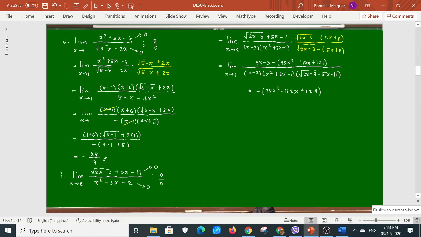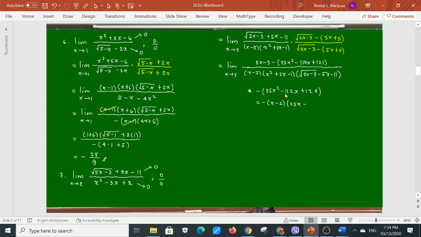Factor nyo. Sinong magbibigay sa akin ng factor? Could you please help me? Anong factor niyan? Of course, ang isang factor niyan, alam na natin na x minus 2. Anong other factor? Di 25x minus, kasi kailangan natin negative.